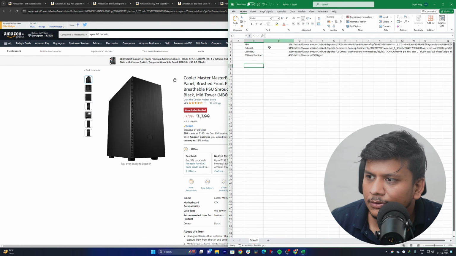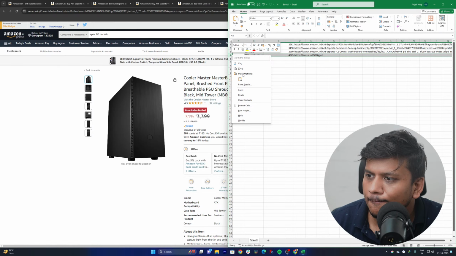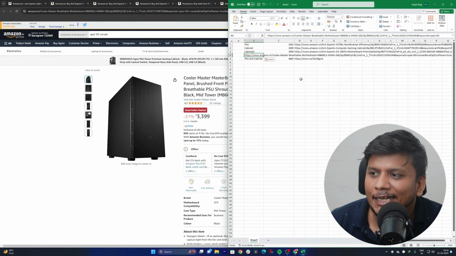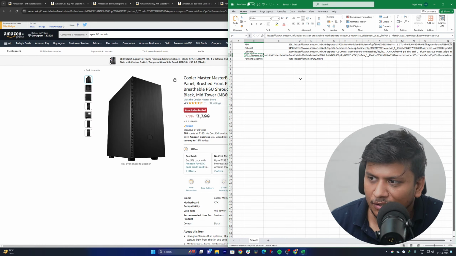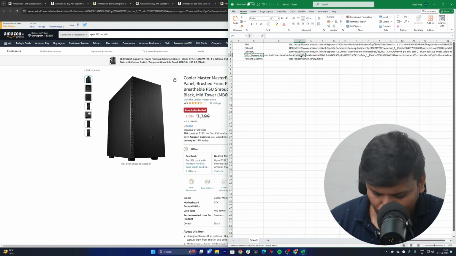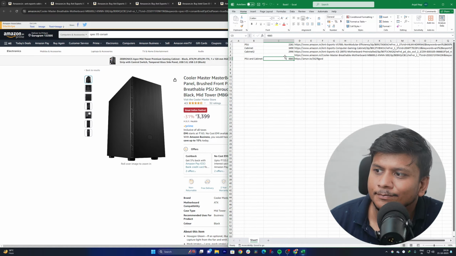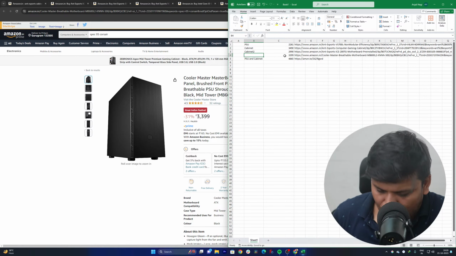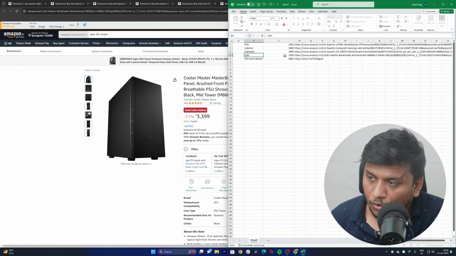Let me open this cabinet. If you want to spend more money, you can buy any, but these are some decent ones. You can for sure go with these.